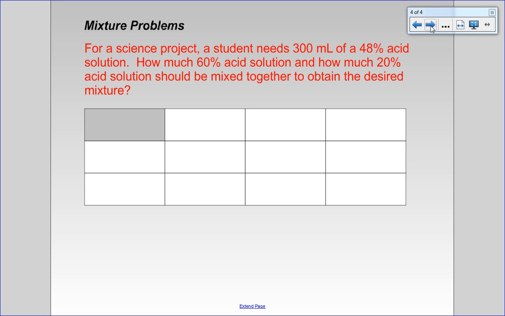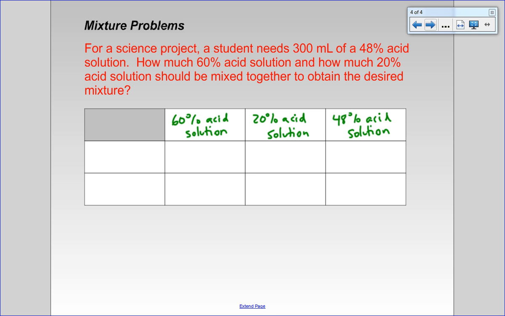Again, let's organize the information with a table. The columns will represent the types of items in the mixture. So we have a 60% acid solution that is being mixed with a 20% acid solution in order to create a 48% acid solution.